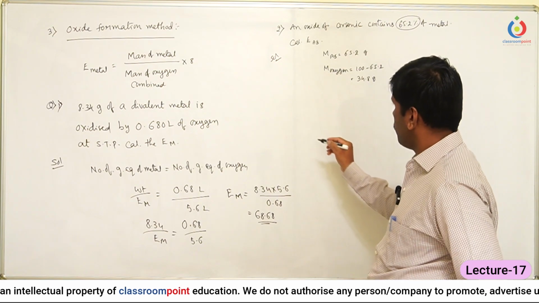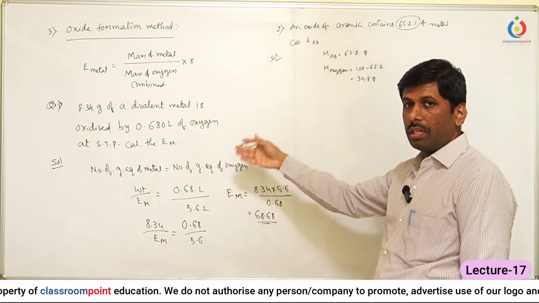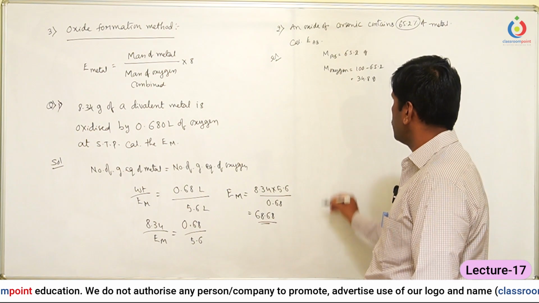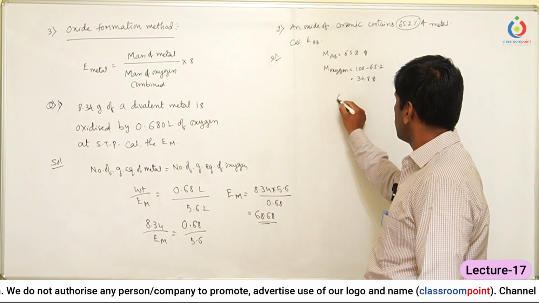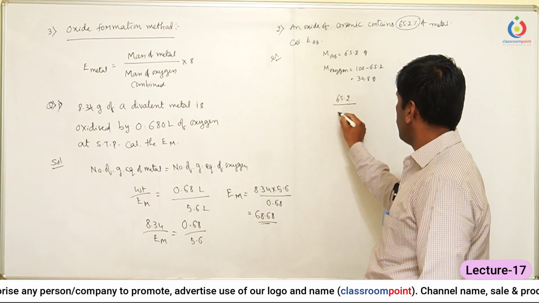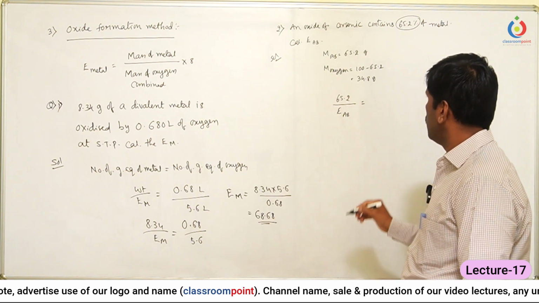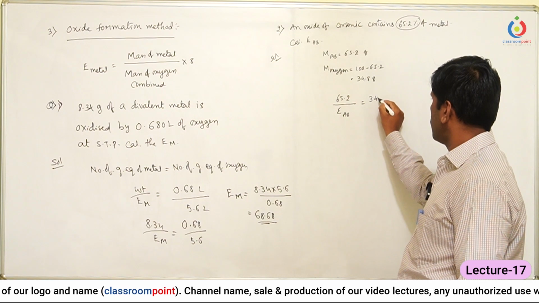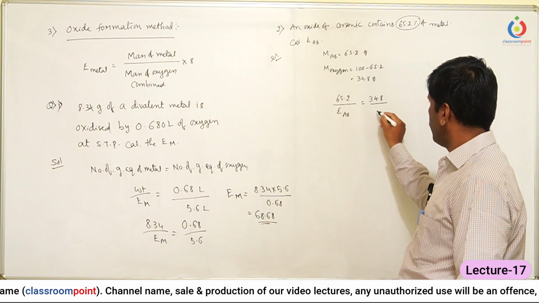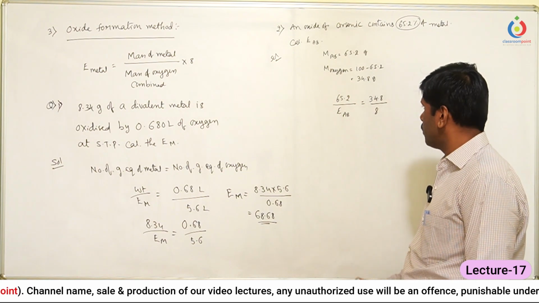Then they are asking the equivalent mass. Number of gram equivalents of arsenic equals number of gram equivalents of oxygen. So the weight of arsenic, 65.2, divided by the equivalent mass of arsenic, equals the mass of oxygen, 34.8, divided by the equivalent mass of oxygen, which is 8.